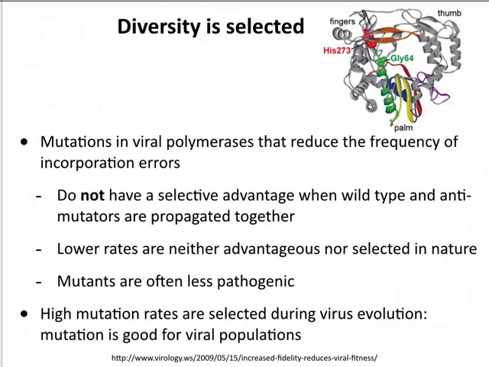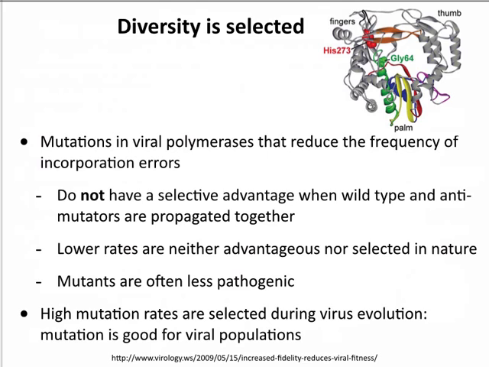It's easy to do. So here on the upper right is the poliovirus RNA polymerase, which replicates the RNA genome of polio. A number of years ago, two different groups found that a single amino acid change at position 64 here, glycine 64, this happens to be very near the palm domain, so the palm is where the polymerization occurs. This single amino acid change makes the polymerase make fewer errors.